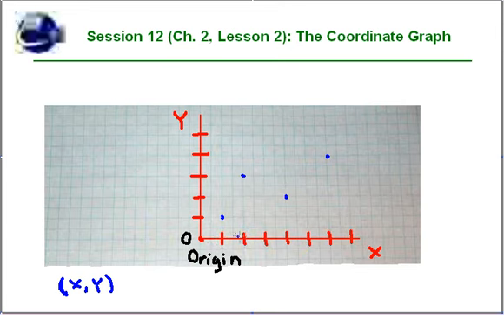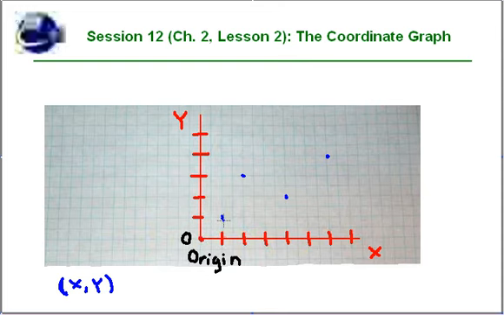Each one of these red vertical hash marks represents 1. So here would be the first, second, third, fourth, fifth, sixth, and seventh. Likewise, on your y-axis, here's our first, second, third, fourth, and fifth, and these are evenly spaced apart.